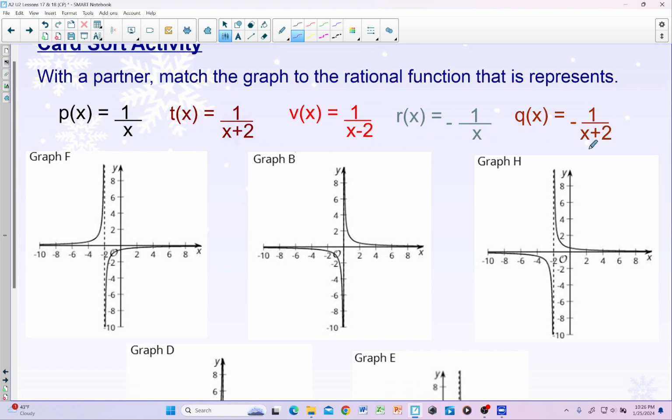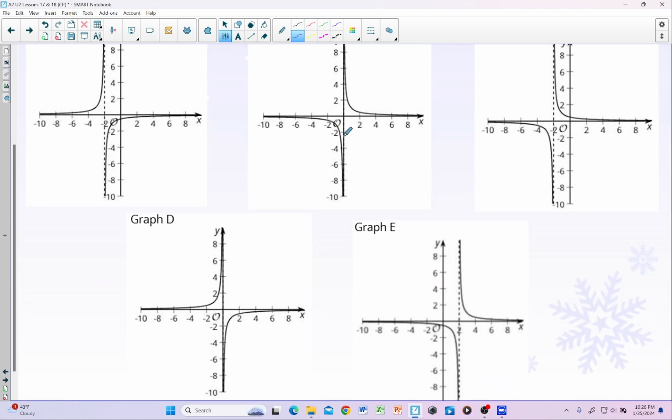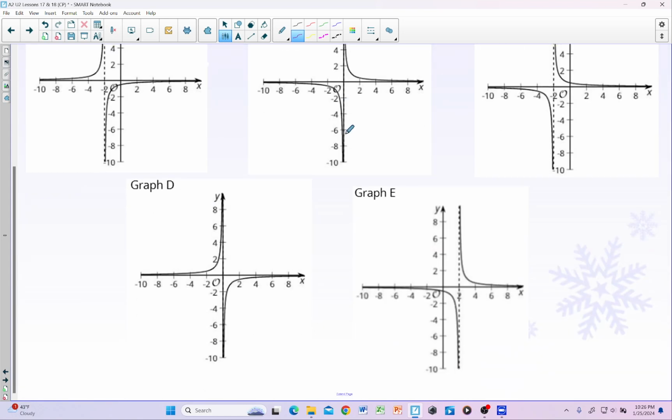Looks like it's this one right here. If I plug 2 in for x, I get 2 minus 2, which is 0. So I'm going to say 1 over x minus 2.